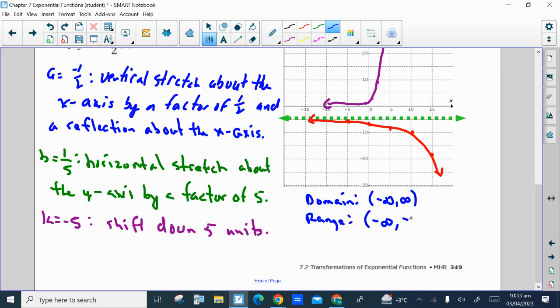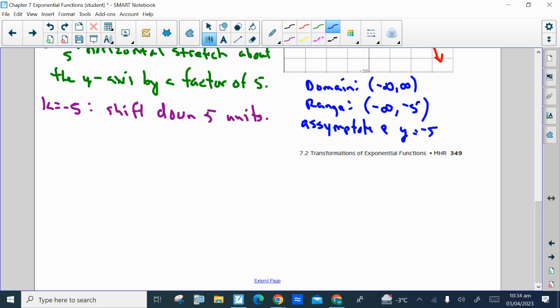We go from negative infinity up to negative 5, and again, neither is included, which we show by those rounded brackets. Our horizontal asymptote is the line y equals negative 5.